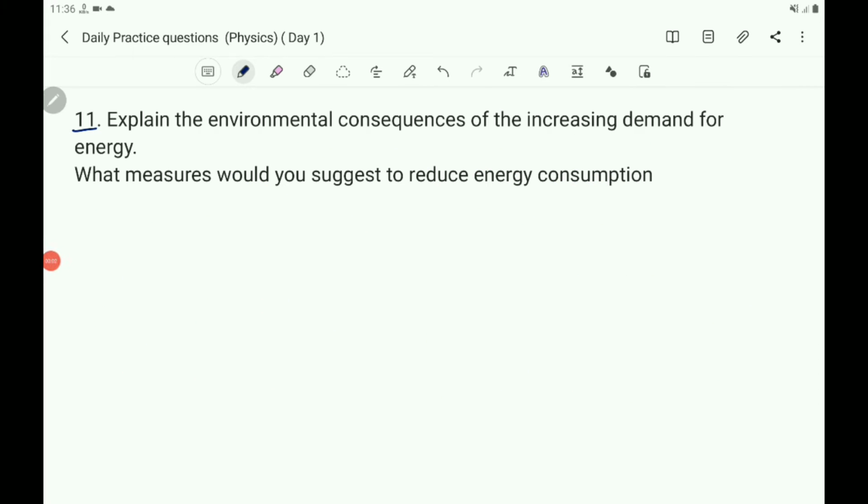Now the 11th question: explain the environmental consequences of the increasing demand for energy. What measures would you suggest to reduce energy consumption?